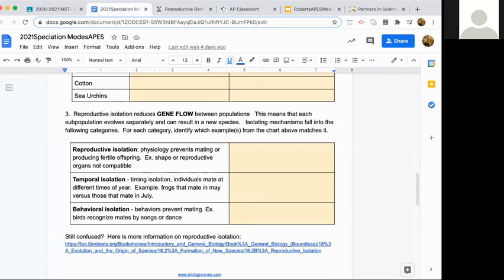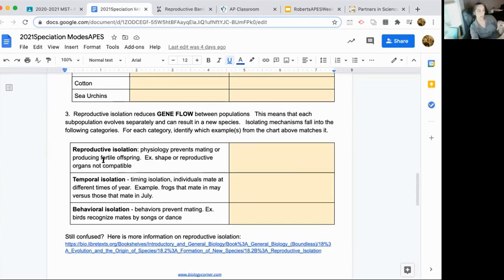On some of the slides, it's not 100% clear what the reproductive barrier is. The only hint is what they put at the beginning, like behavior or geography. Is it okay if we just put that one word there? Yes, I'm really looking to see if you can recognize temporal, which is timing, like coming out of hibernation at different times. Behavioral, and physical. These are the big categories; is it shape, body parts?